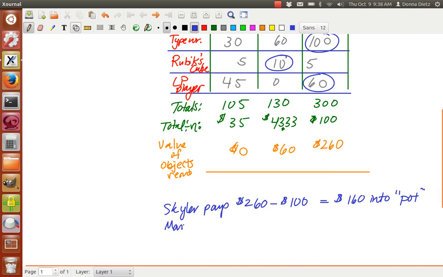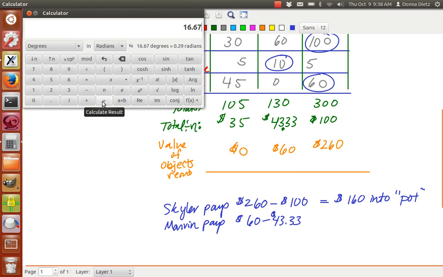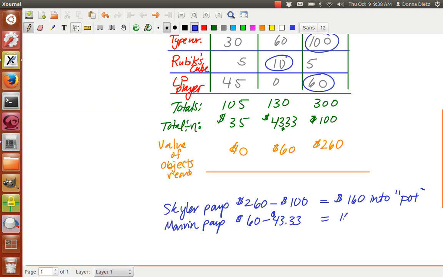Marvin has to pay because he got $60 minus 43.33. So what's 60 minus 43.33? He gets to pay $16.67 into the pot.